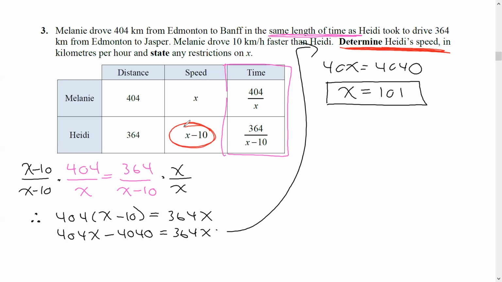Right there, this is Melanie's speed. So what's Heidi's speed? Heidi is going to be going 10 kilometers slower, so Heidi's speed is 91 kilometers per hour. It sounds silly, but I actually need you asking yourself, did I answer the question?